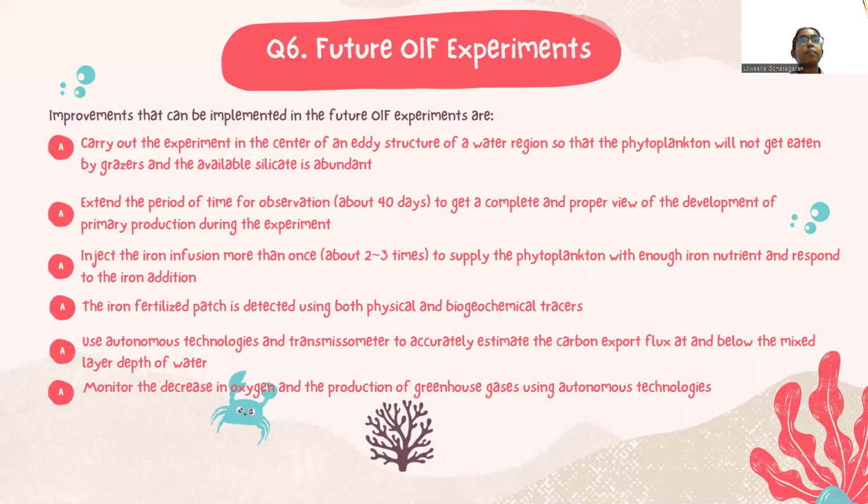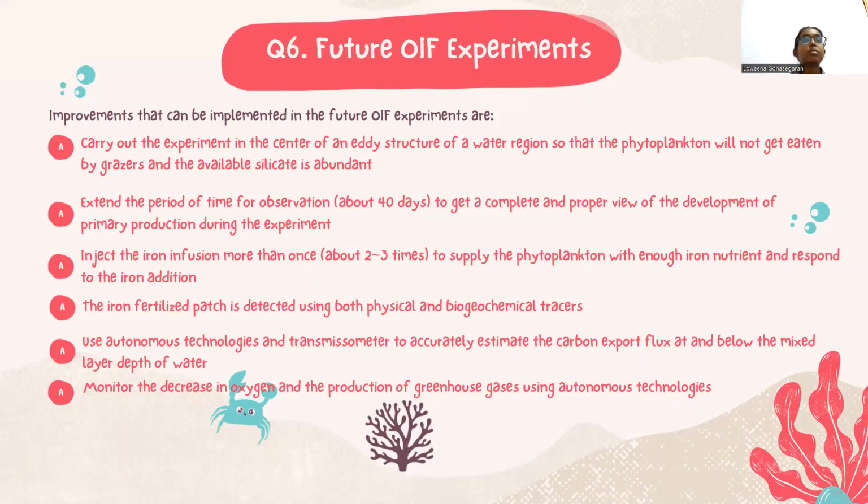Secondly, extend the period of observation to about 40 days, to get a complete and proper view of the development of primary production during the experiment. Thirdly, inject the iron infusion more than once to supply the phytoplankton with enough iron nutrient and respond to the iron addition. Fourthly, detect the iron-fertilized patch using both physical and biogeochemical traces.